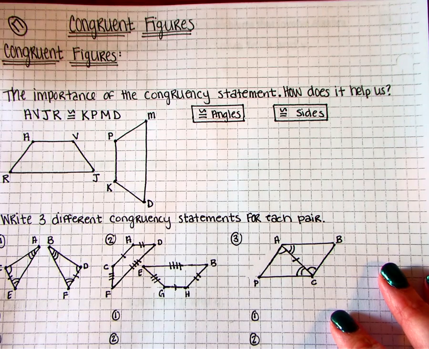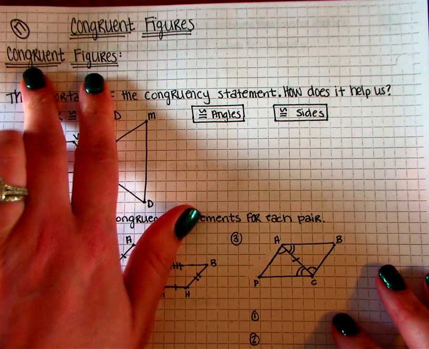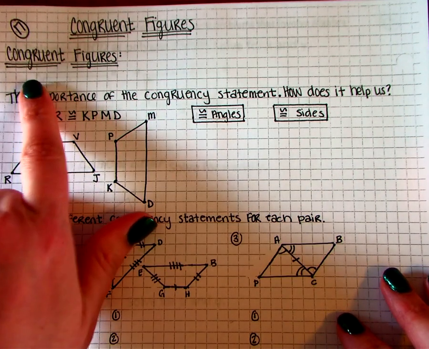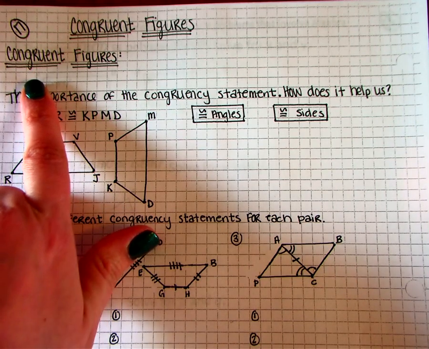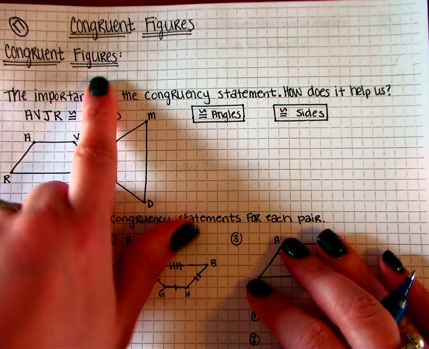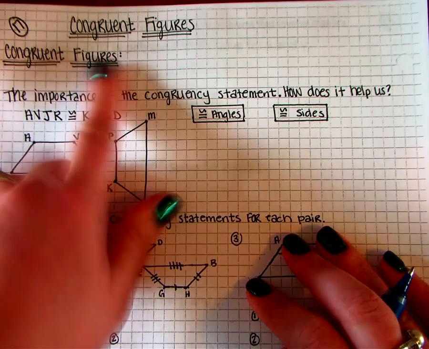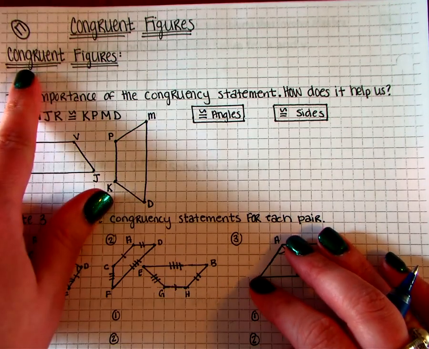Congruent figures. Remember, we know what both of these words mean. Congruent means same size or same as equivalent. Figures are like shapes. So congruent figures are just shapes and figures that are the same.